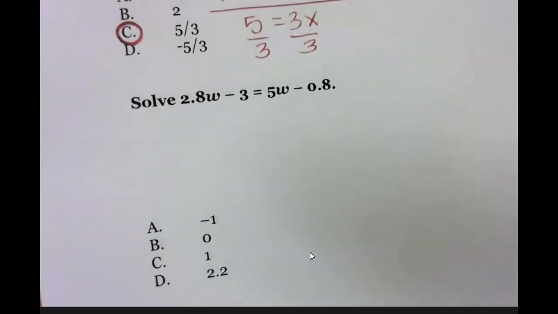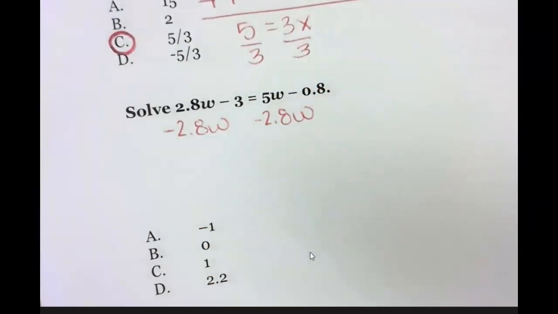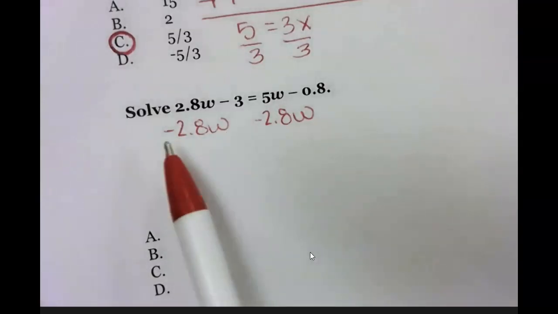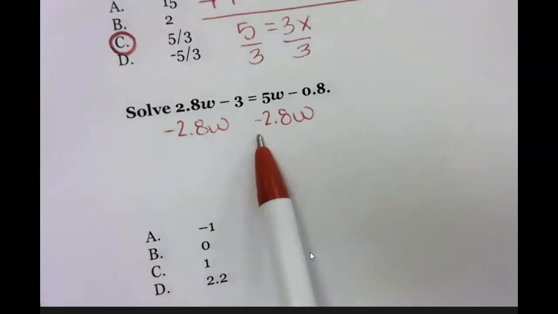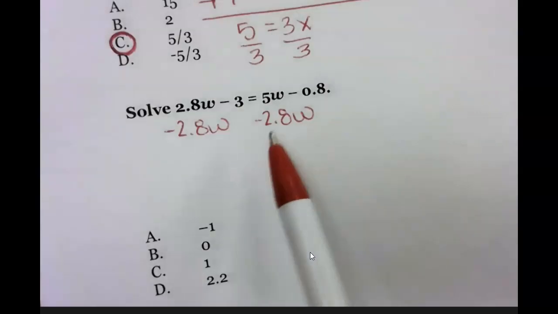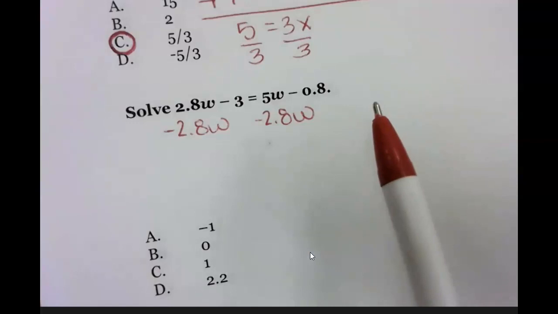Alright, so Miss Abby, just give me the first thing you did. I subtracted 2.8 to 5. Okay. So guys, one of the things I noticed, which is why I wanted to review these, when I looked at our quizzes, you might have wrote subtract 2.8, but you didn't write your W. You have to put that W on your work.